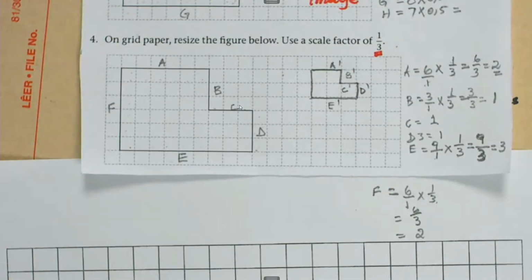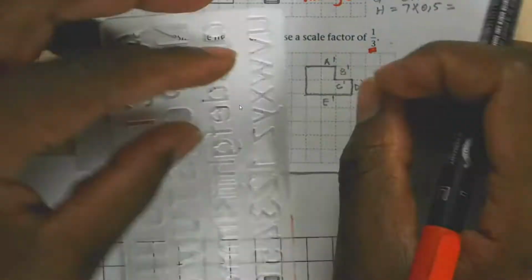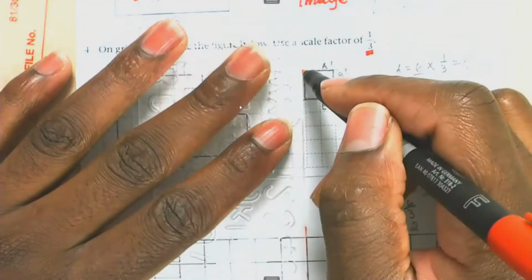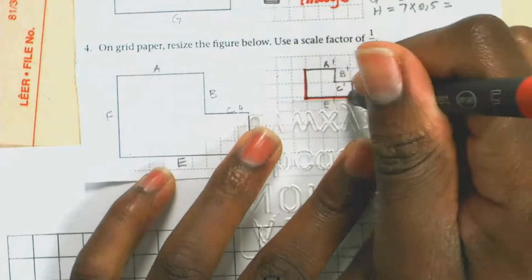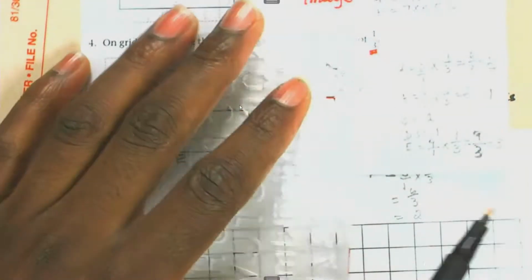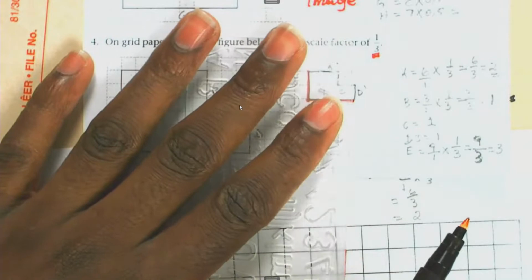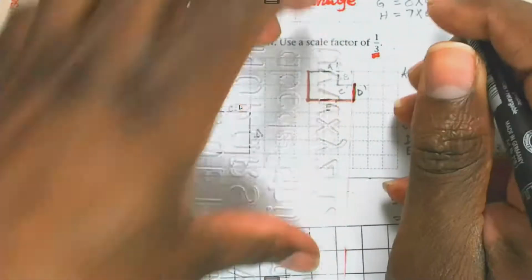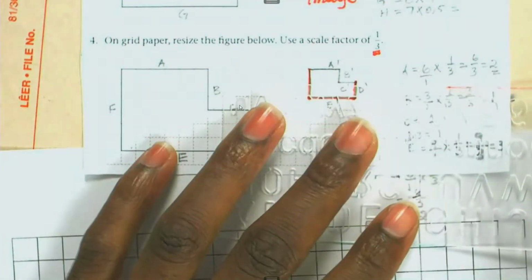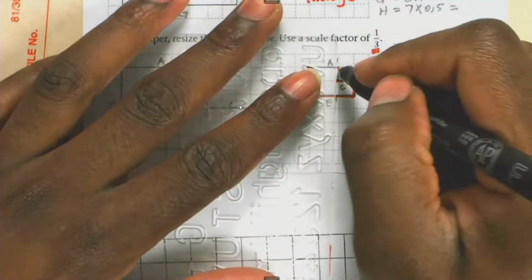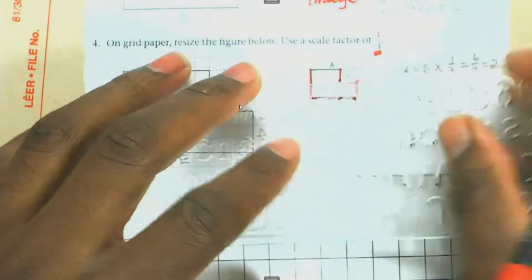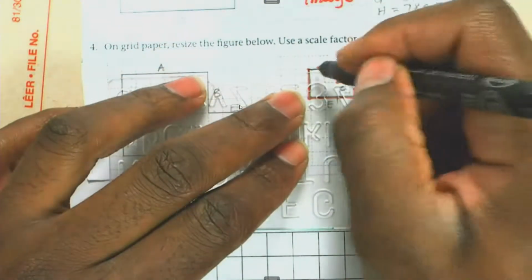After having done that, then let us redraw the shape the way it is supposed to be. I'm going to go this direction, join those points, join this one, join this one as well, join this one, and then join this one, and then I get my full shape.